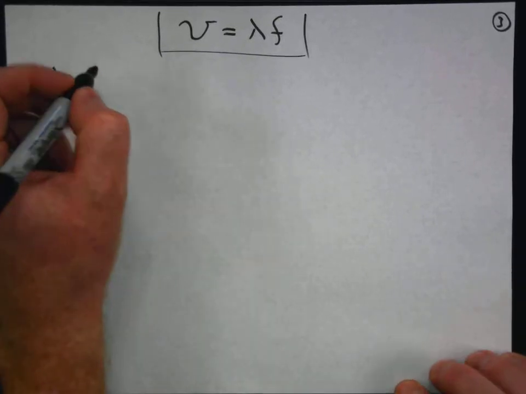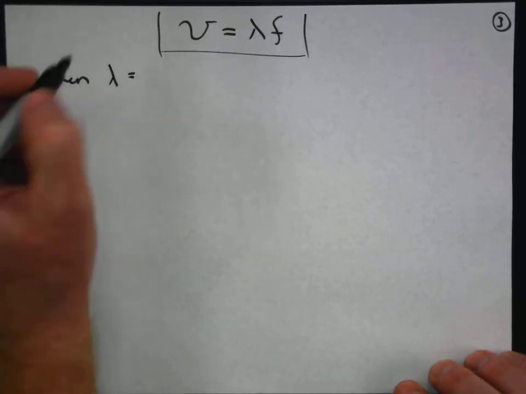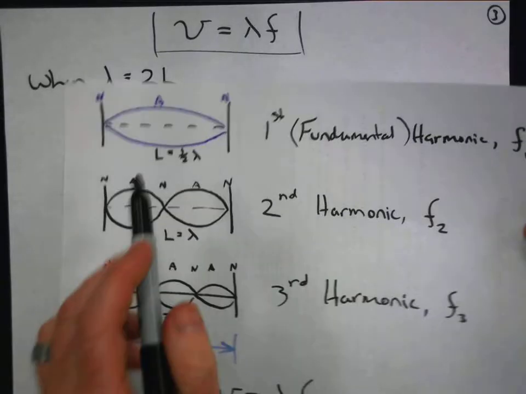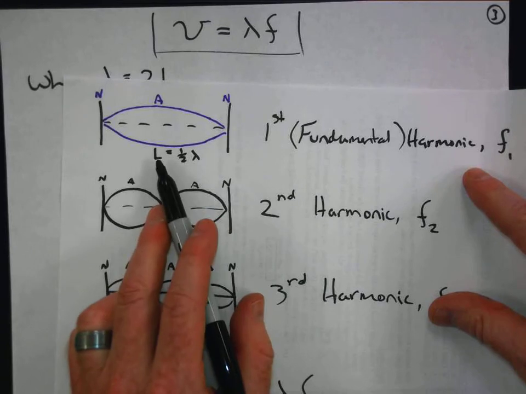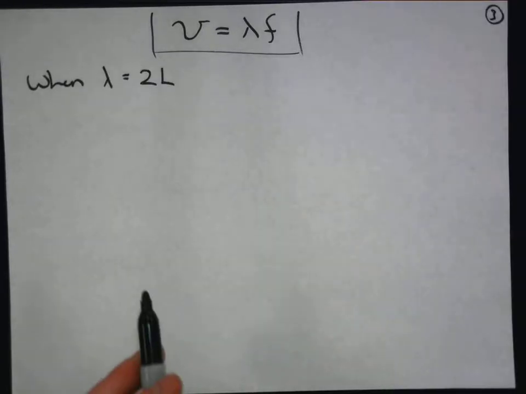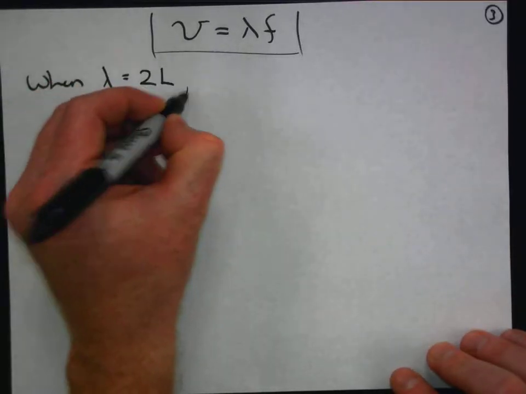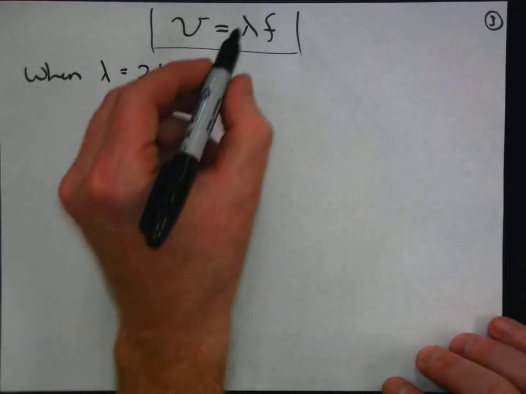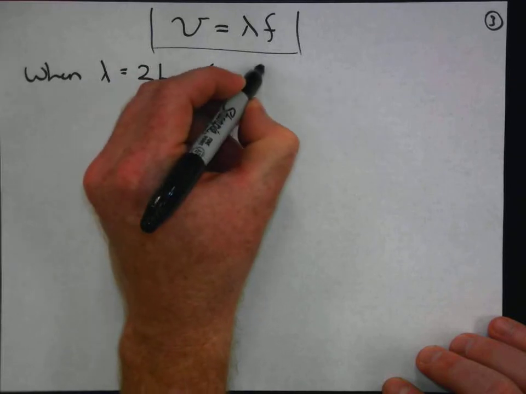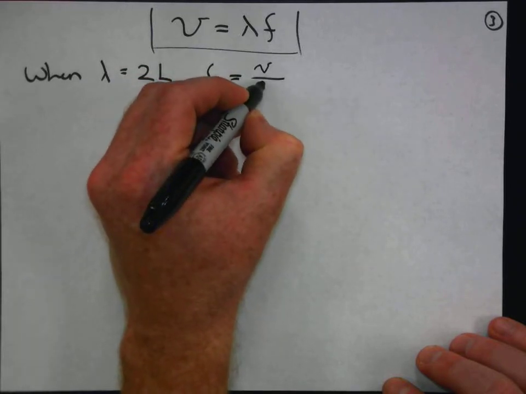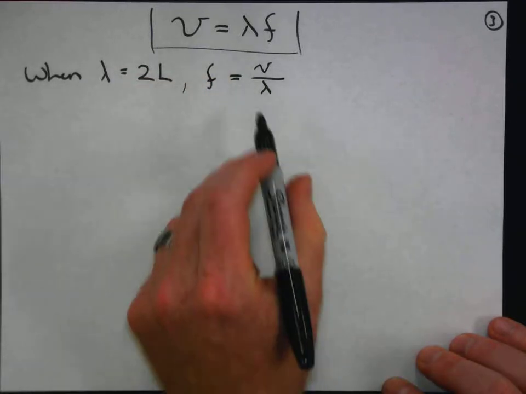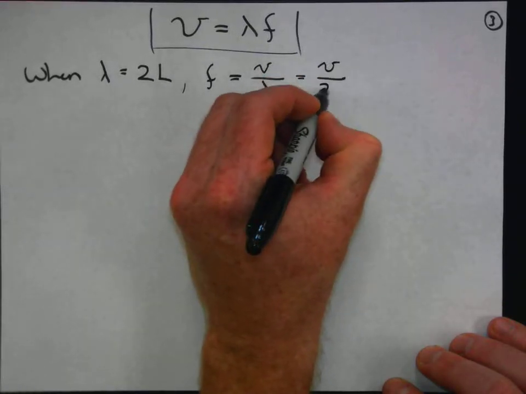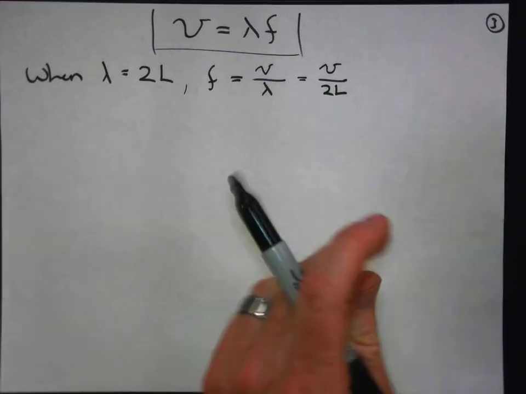Think of this. When wavelength equals twice the length of the string, and that's what we have here, wavelength is twice that value, right? Then that frequency that produces that situation is equal to the speed of the wave divided by the wavelength. But the wavelength is equal to twice the length of the string.